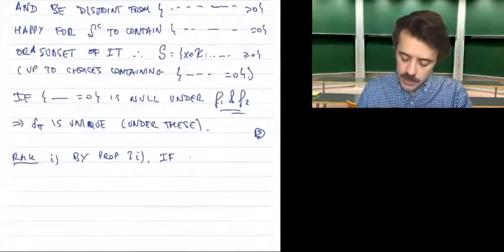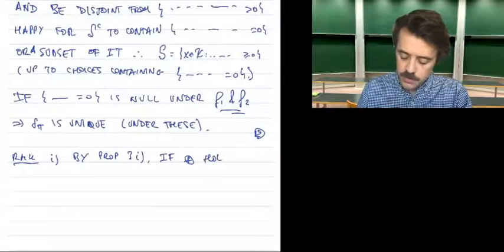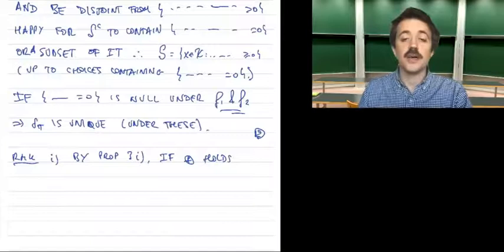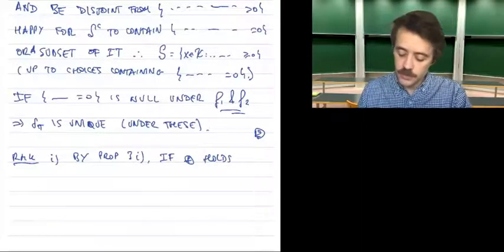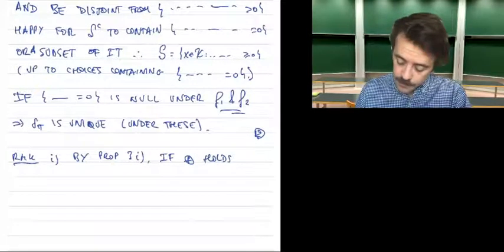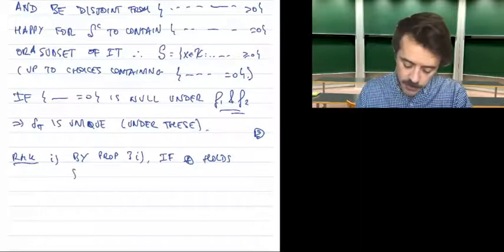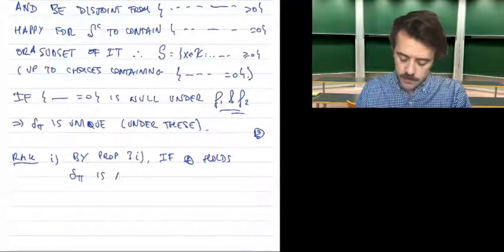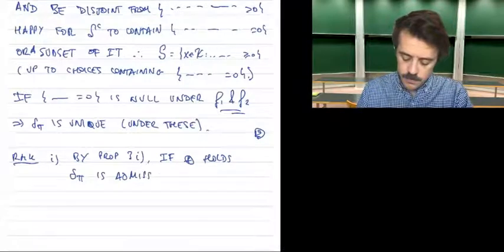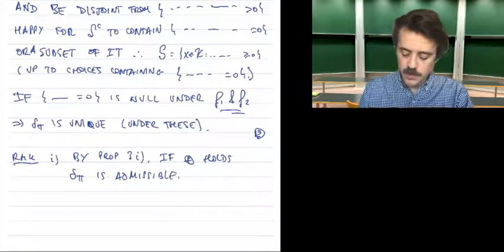So if star holds, then we have a unique base classifier or rule, and so delta pi is admissible. So that's really good news.